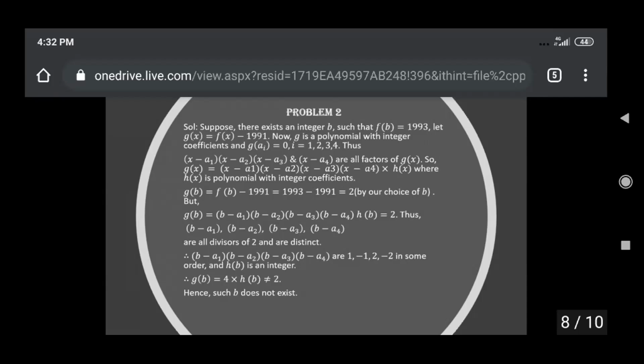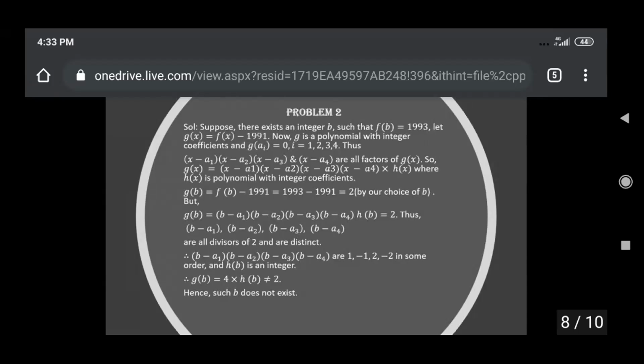Therefore, g of b is equal to 2 by our choice of b. But by the factor theorem, g of b will be equal to b minus a1 into b minus a2 into b minus a3 into b minus a4 into h of b, which is equal to 2.